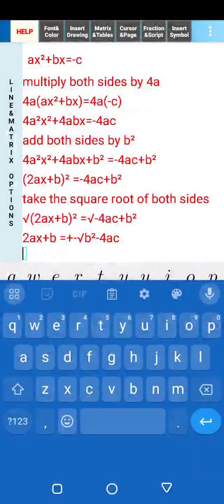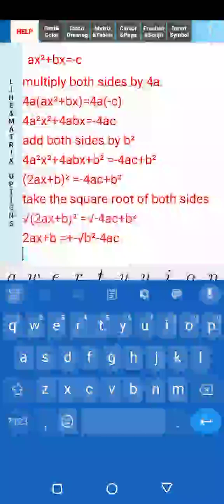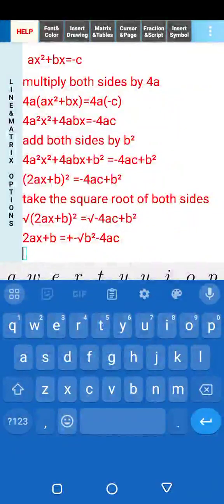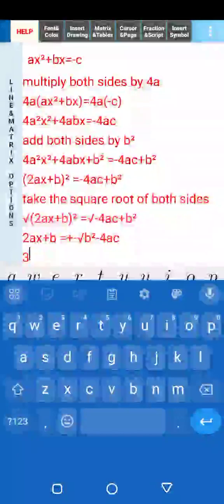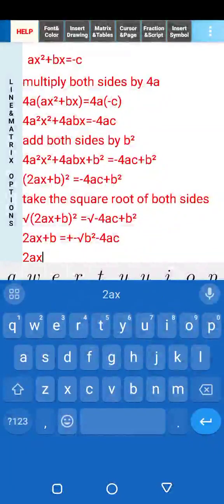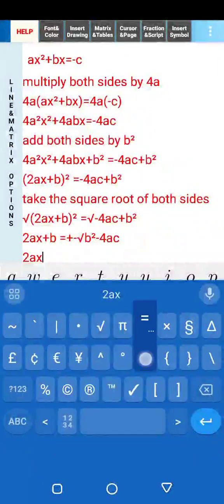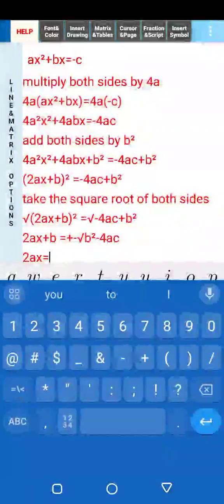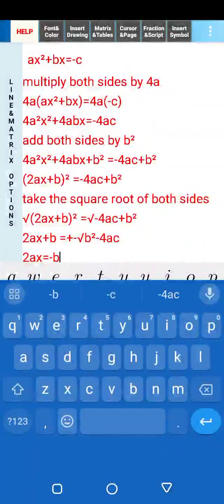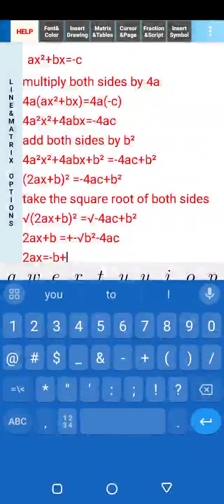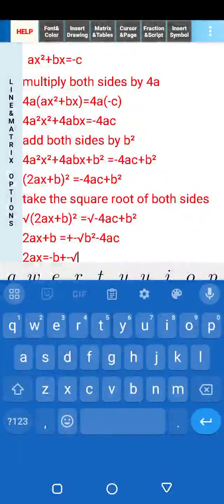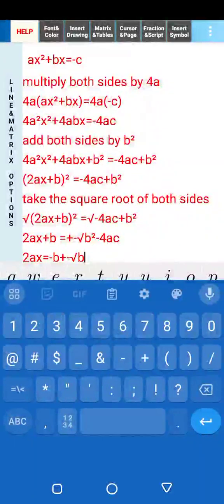We just interchange this from minus 4ac plus b square, which is the same thing as b square minus 4ac, because nothing changed. We just interchange it. Okay, now we take b to the other side. It will be 2ax is equal to minus b plus or minus root of b square minus 4ac.